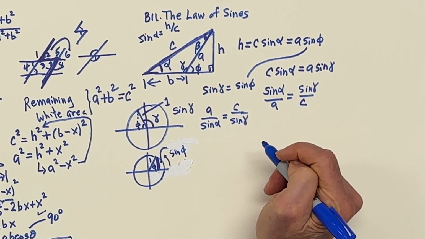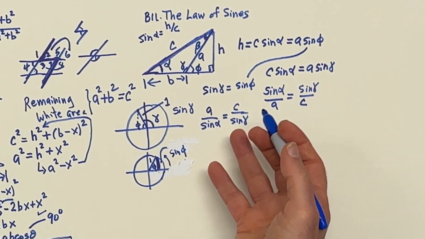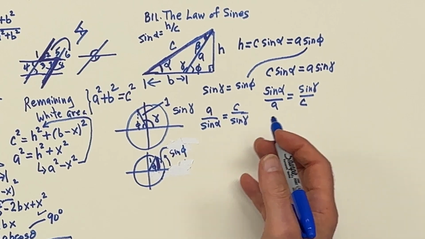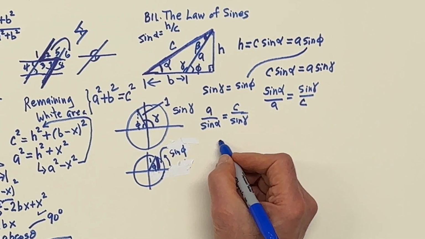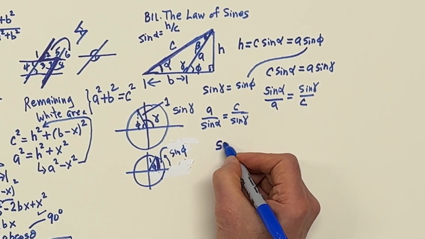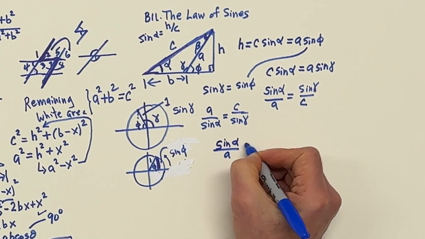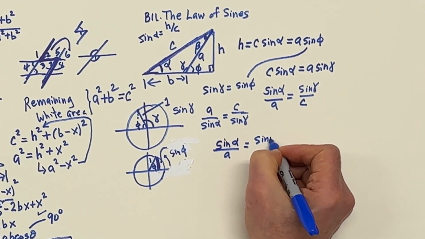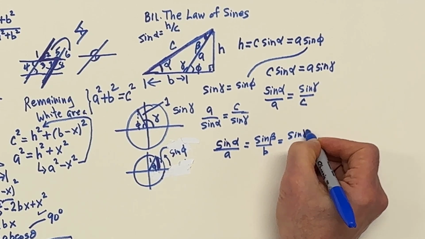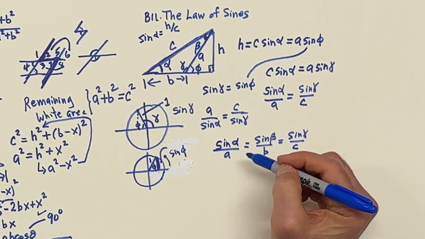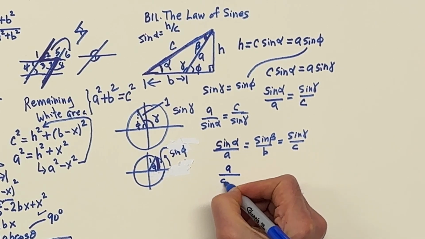So the third angle can be worked out with a similar analysis to what we did here. So the law of sines, we could write sine of alpha over A equals sine of beta over B equals sine of gamma over C. And an alternative form is to do the reciprocal.